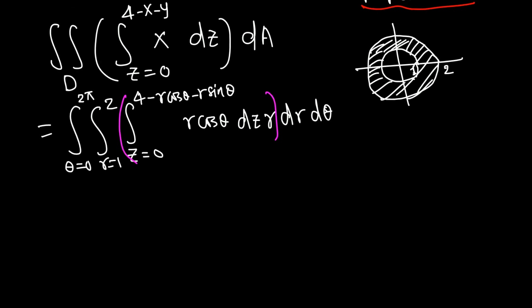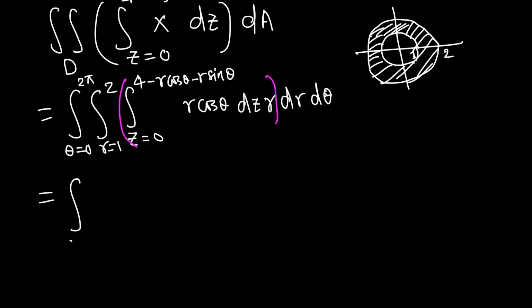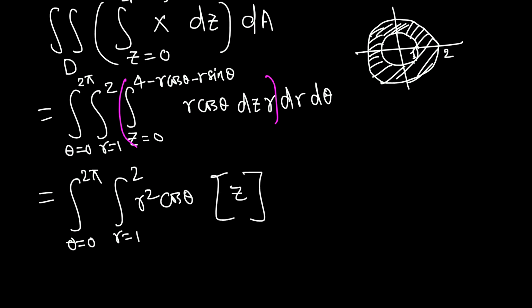Let's do this. Outside theta equals 0 through 2 pi, and then r from 1 through 2, r squared, that is independent of z, so we can pull it outside here, and cosine theta is also independent of z, so cosine theta here too. That leaves 1. The antiderivative of 1 with respect to z is just z, and we have upper bound, lower bound.